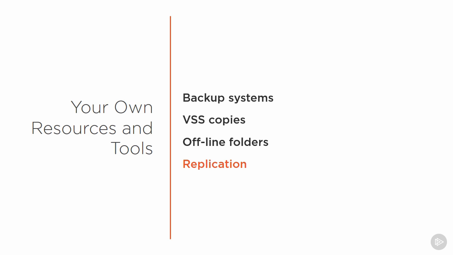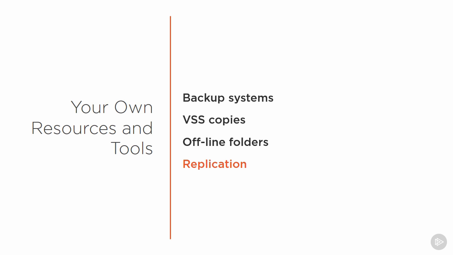Replication is another very easy control that can help save things when a ransomware attack strikes. Offline folders is a type of replication. However, for replication to be effective, there needs to be some delay in the configuration, because once you have a file that's been encrypted by ransomware and your replication detects the change, it's most likely going to replicate that infected file and overwrite the cleaned file that was on your replication target.